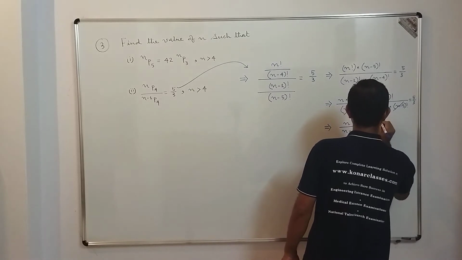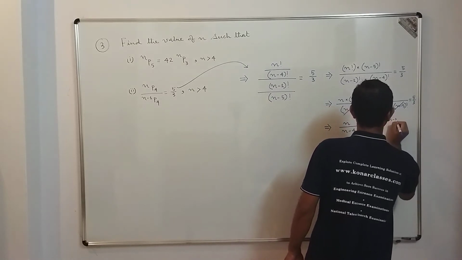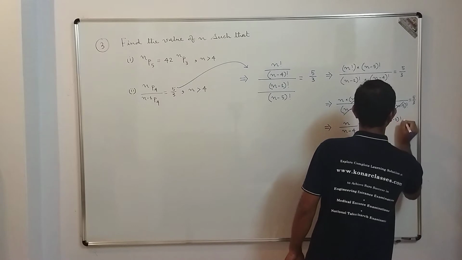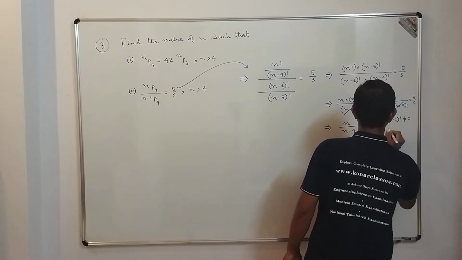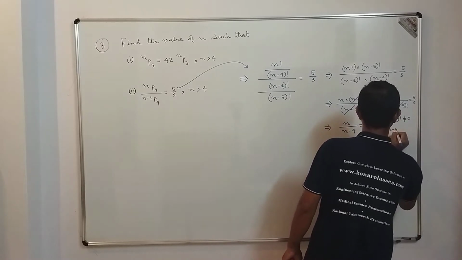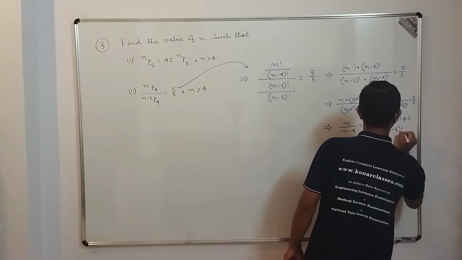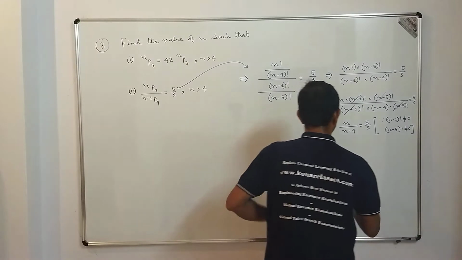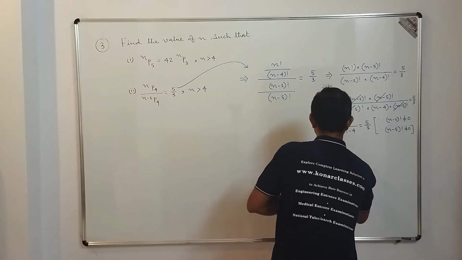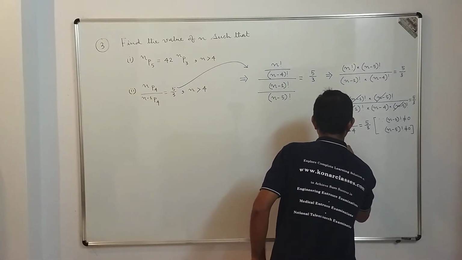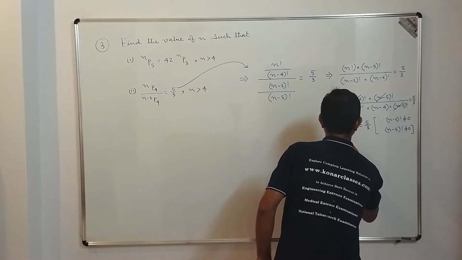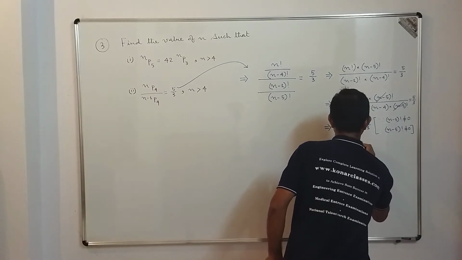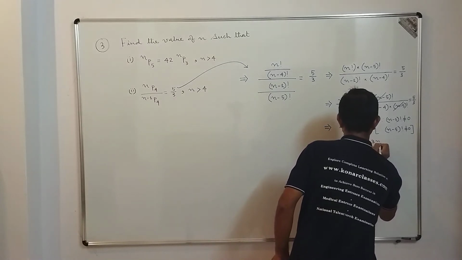In brackets we should write, since n minus 1 factorial is not equal to 0 and n minus 5 factorial is not equal to 0. So then what can we write here, dear students? We can write, this implies that 5n minus 20 is equal to 3n.